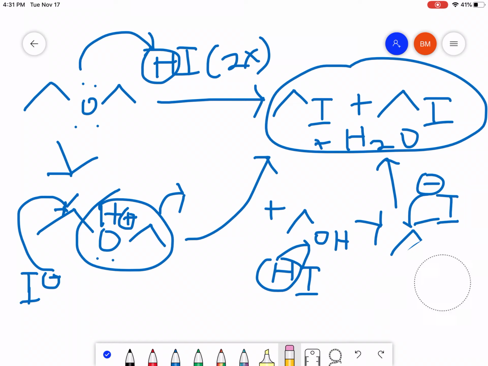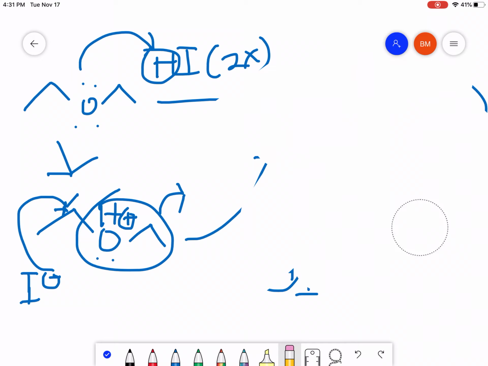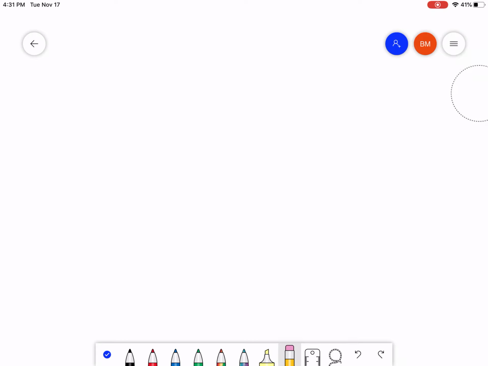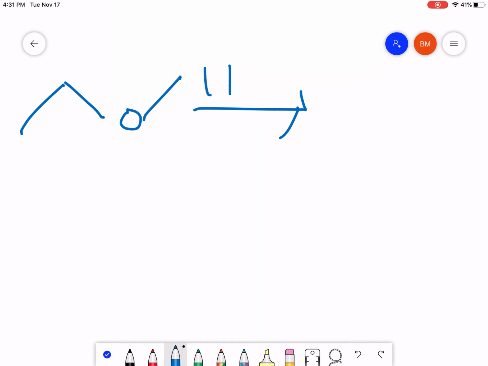Sometimes they're the same, like in this one. If you had an unsymmetrical ether, something like this, you'd end up with two different ones. You guys can go over the mechanism on your own.